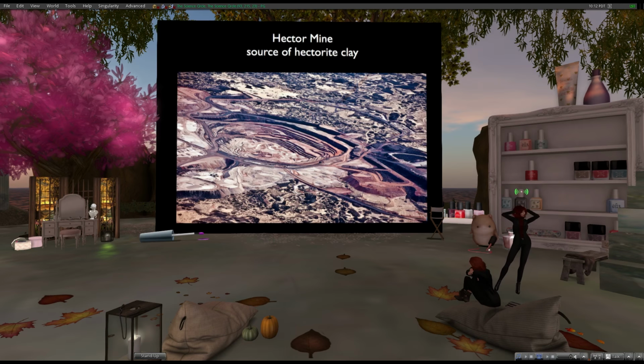By the way, there's one big source of stearalkonium hectorite clay in the world. It's the Hector mine, and it's near Barstow, California. And one of the problems you might have noticed, if you remember that chemical equation, was that hectorite has a lot of lithium in it. And right now, lithium is being used in a tremendous number of batteries.